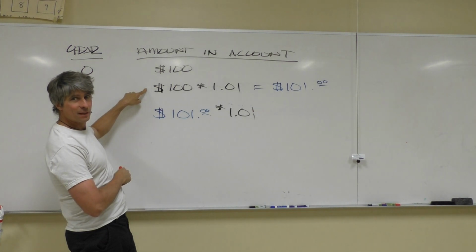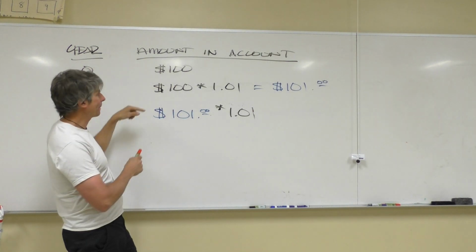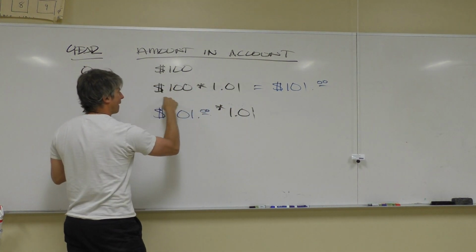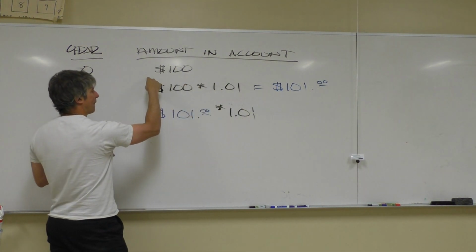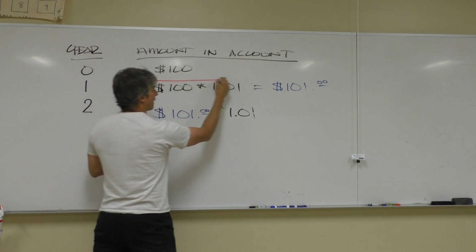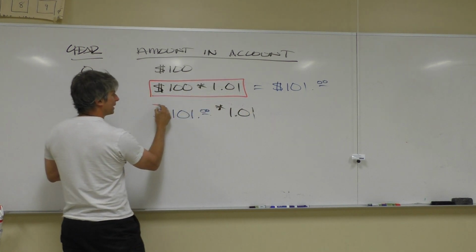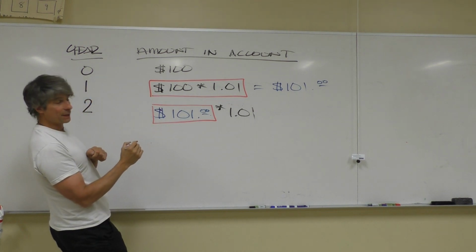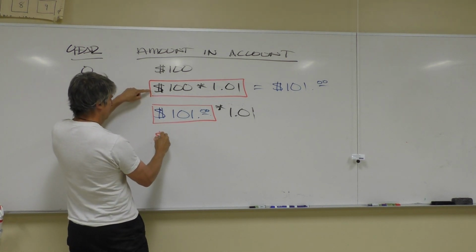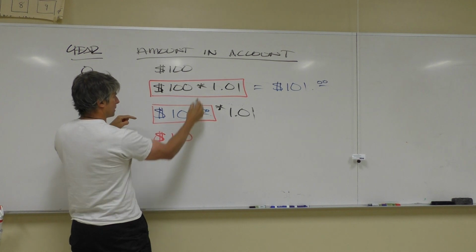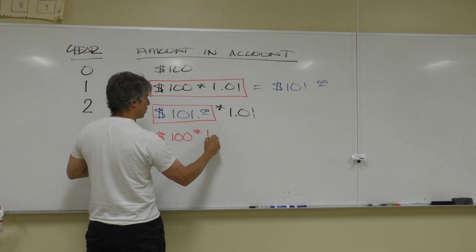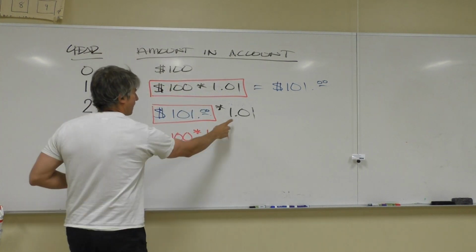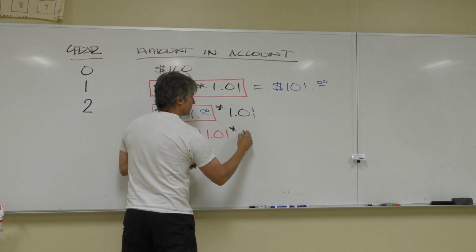So what I'm thinking is maybe we take this expression and put it in place of this. Follow me here. I'm going to take $100 times 1.01, and then don't forget times 1.01.